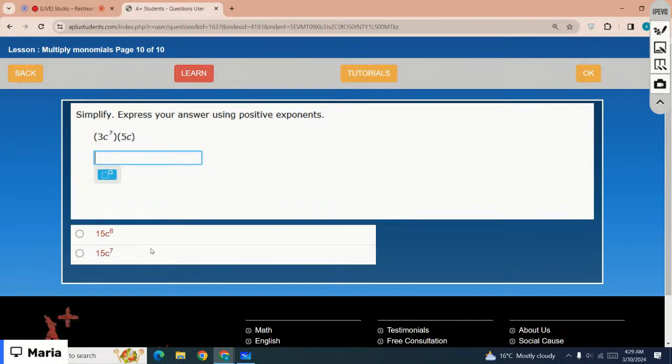The correct option is 15c8. Option number 1 is the correct option.